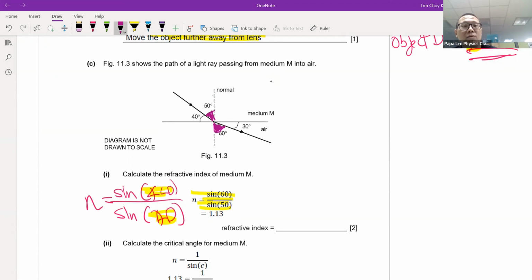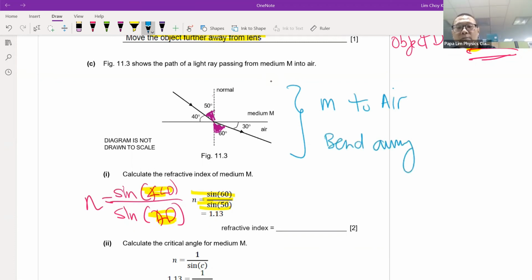And same thing, based on the picture, from M to air, I actually bend away from the normal.